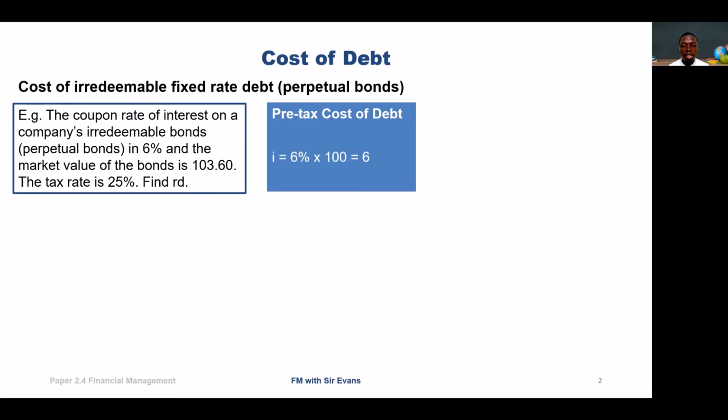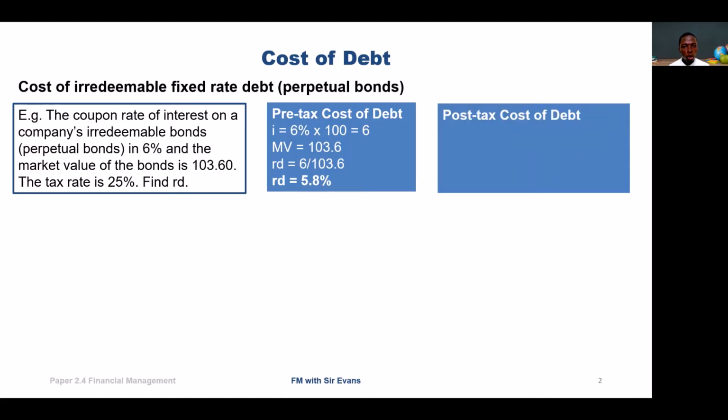Now the interest payable is going to be 6% times that 100 to give us 6. Therefore, our pre-tax cost of debt is going to be I divided by MV, 6 over 103.6, to give us a pre-tax cost of debt of 5.8%.